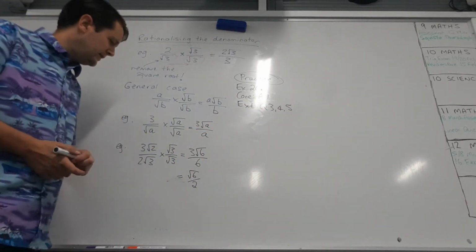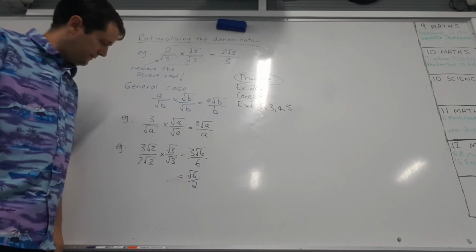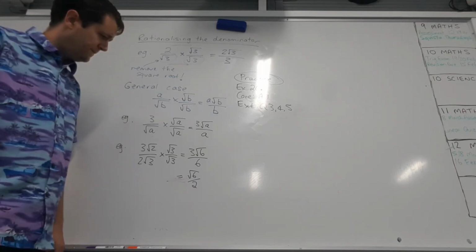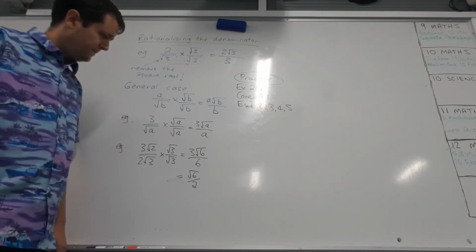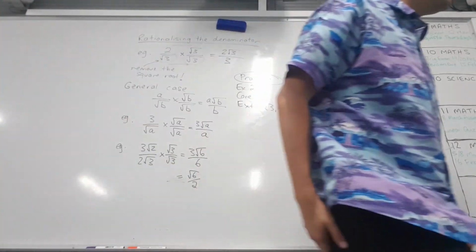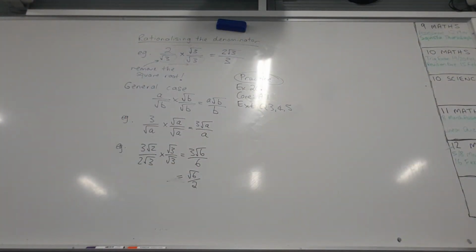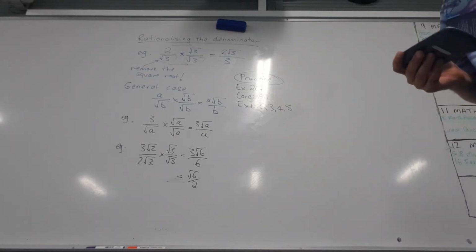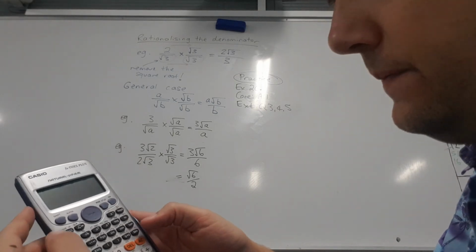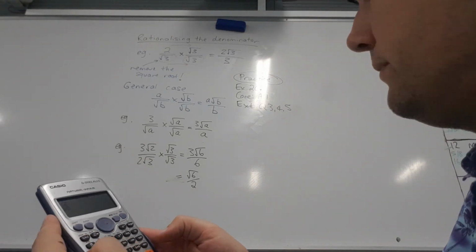All right, are we generally happy with that? Looks all right, doesn't it? Might do a quick check. Grab one of my calculators out. I wonder what happens if I put in the square root of 6. Whoops.